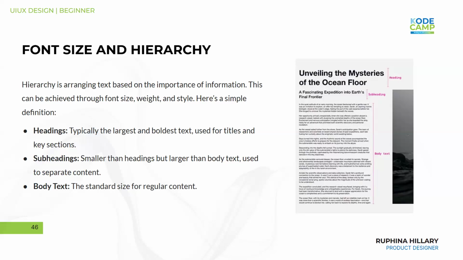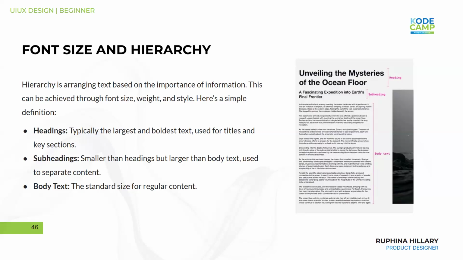Now when we are choosing font sizes for our designs, it's best to specify these font sizes. So now I've decided, okay, I want to use Roboto for my design. For my headings, I'm going to make all my headings 64 pixels. So now I've written it down. Remember, design should always be consistent.